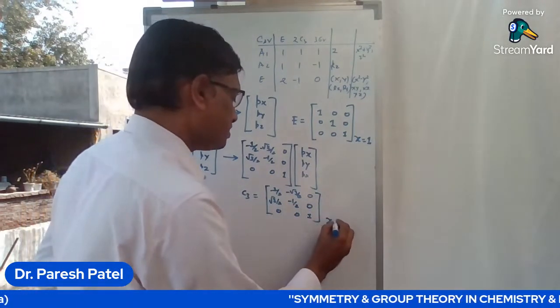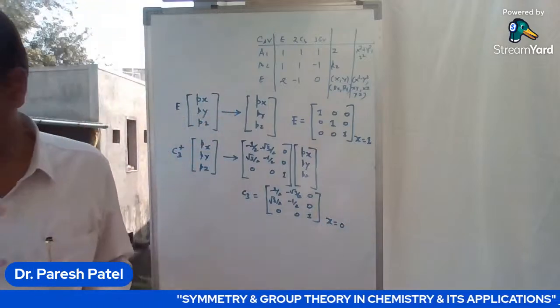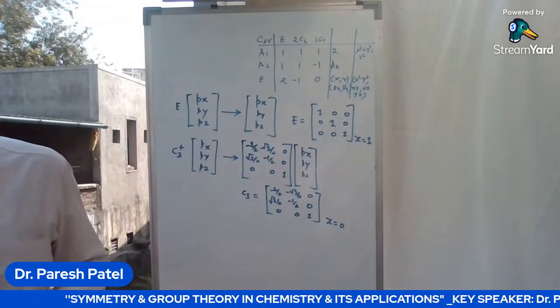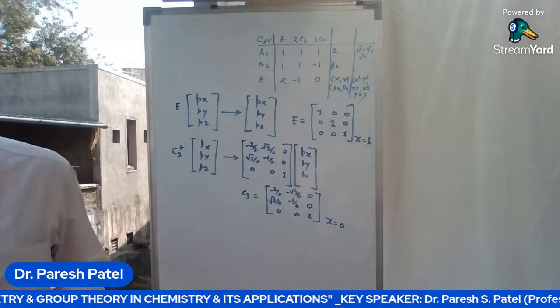So here character is equal to 0. Minus 1 half is equal to 0.